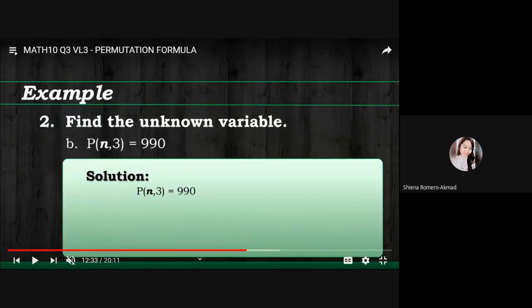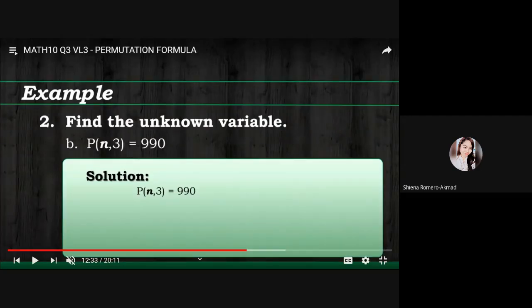Remember si N factorial? Di ba pwede natin siya express to another way? Naalala niyo yung sinabi ko kanina? Yung factorial. N factorial, ano nga yun, Nicole? Diba?